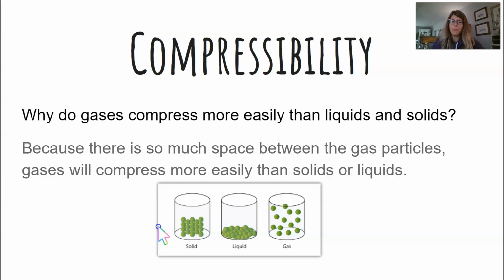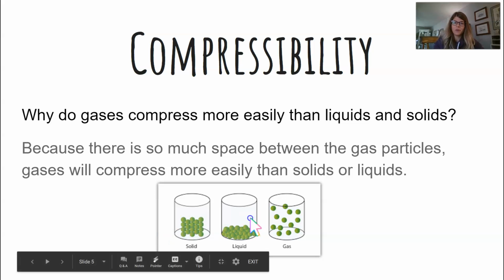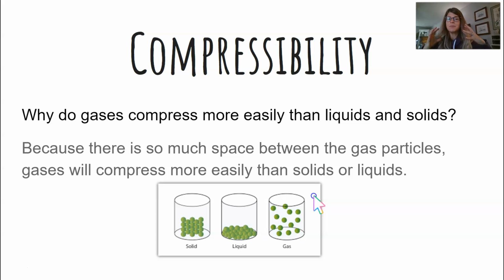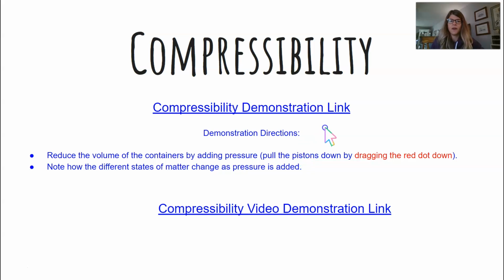There's not enough space between the particles to add compression and be able to minimize the volume in that solid. Same with liquid, okay? But when we see that these gas particles are spread out and there's space between them, when we compress them, we can decrease the volume as we add pressure. I'm going to show you another example of this here.